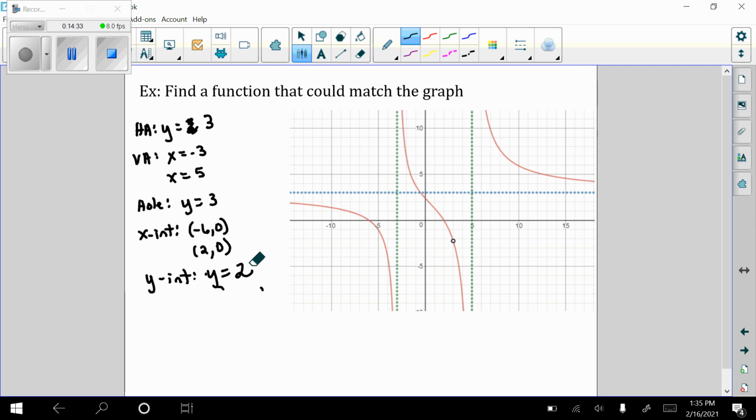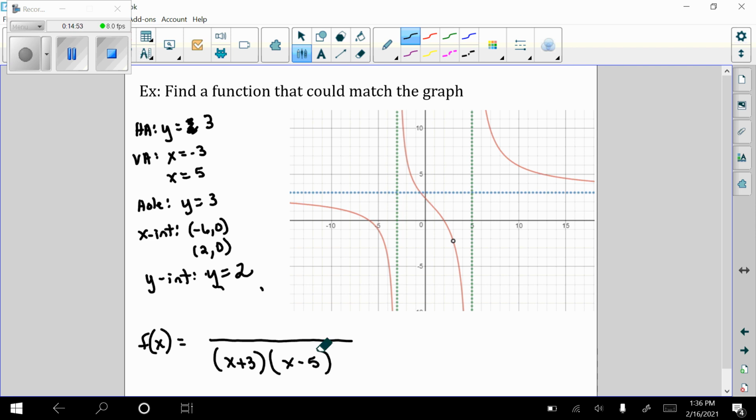All right, so if I look at what I have, for my vertical asymptote, I need x plus 3 and x minus 5.